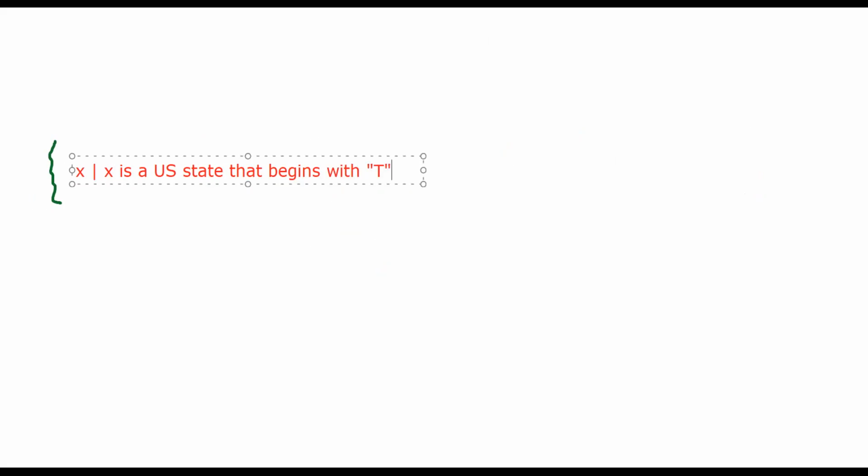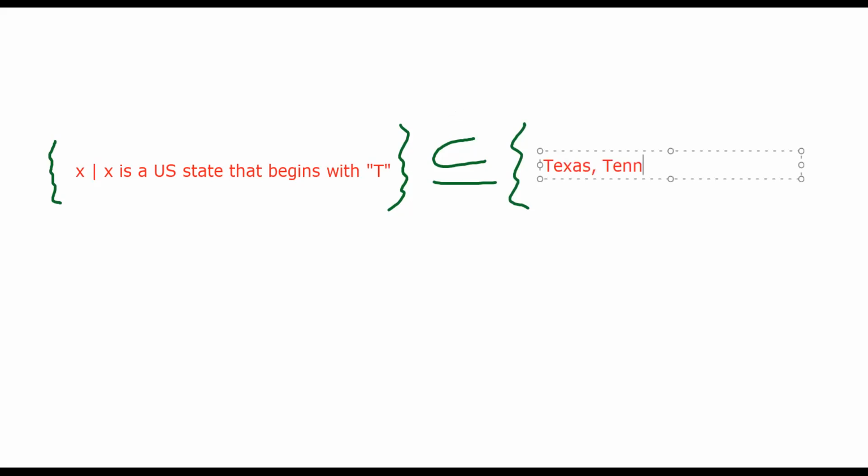How about all X such that X is a U.S. state that begins with the letter T. Is that a subset of this set?